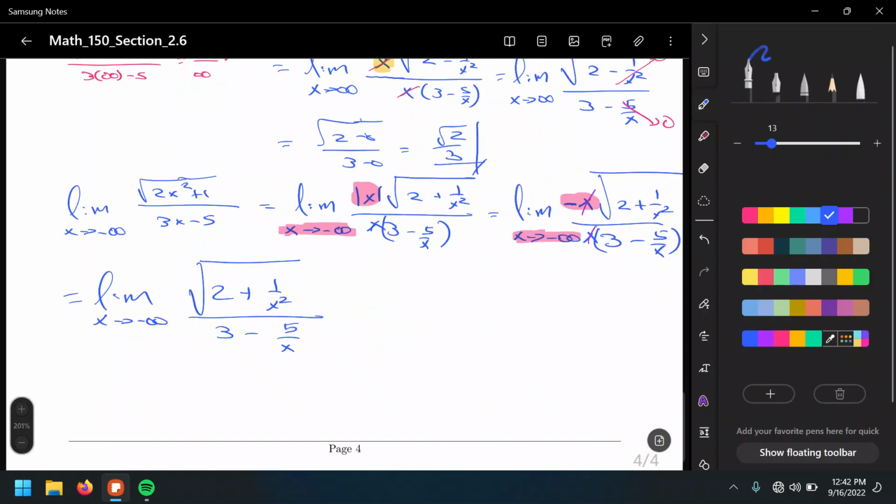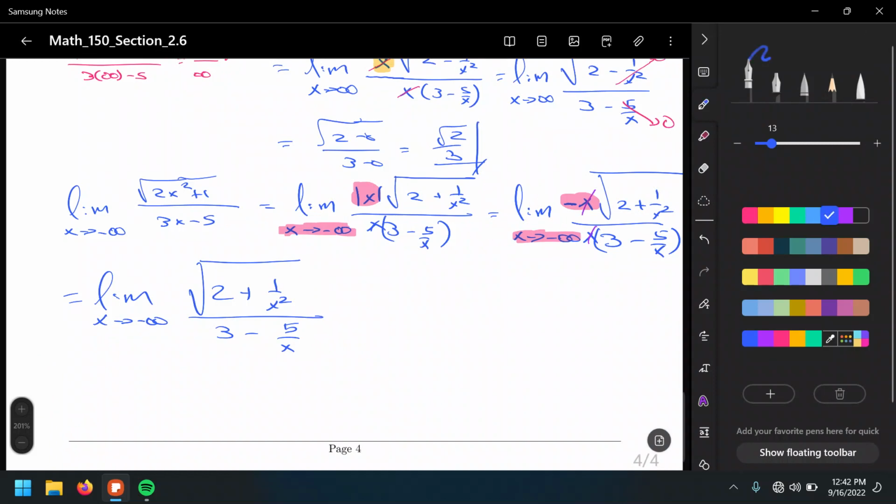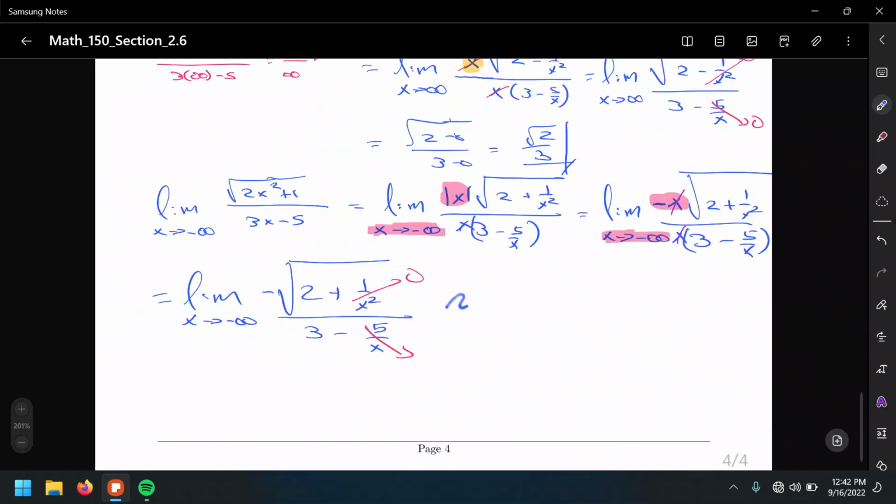Do you not have a negative value still there? Yes, I was changing colors. Yes, that's a negative. So this will be, again, goes to 0, goes to 0. Essentially the same result as before, but negative. All right.